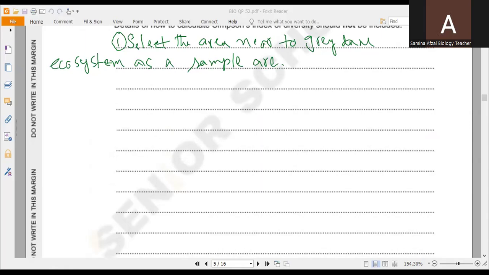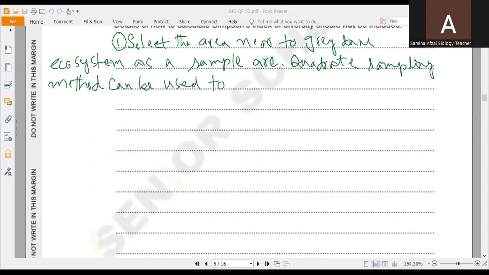We have to collect the samples over this area. So the quadrat sampling method can be used to collect and count the samples.